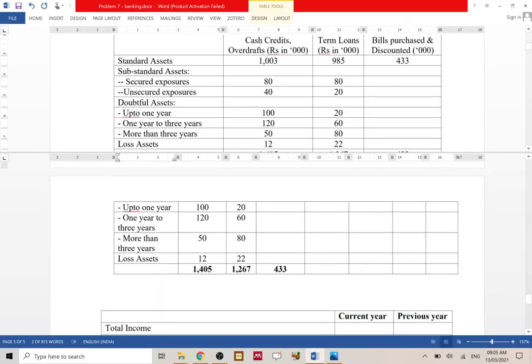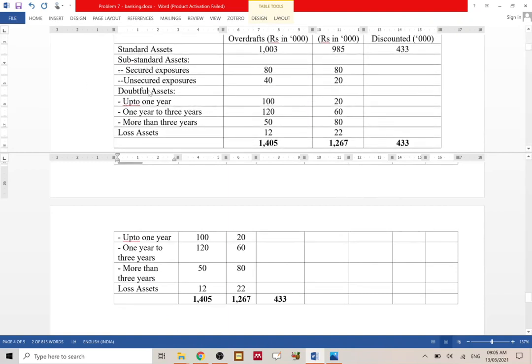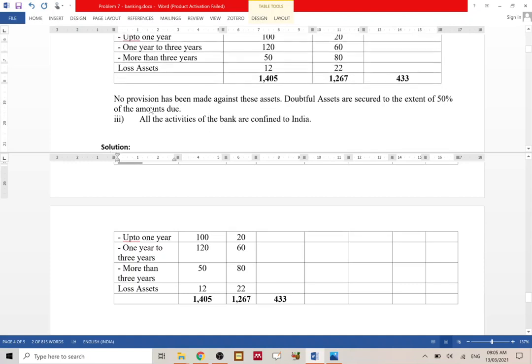Alright. Now, in the problem, this is the adjustment. Doubtful assets are just given as how many are 1 year, 2 years, 3 years. But they have not told how much of these is secured and unsecured, right? But it's given in another working note here. Doubtful assets are secured to the extent of 50% of the amounts due.